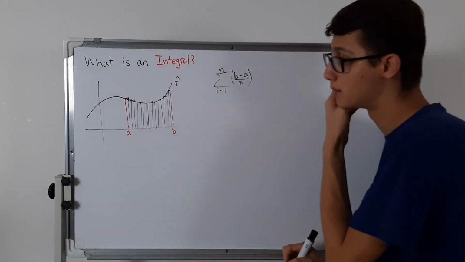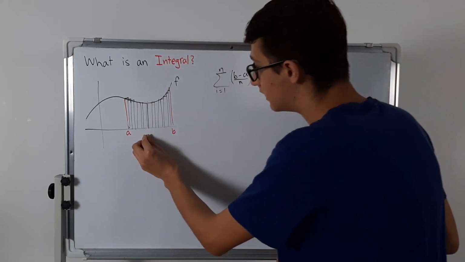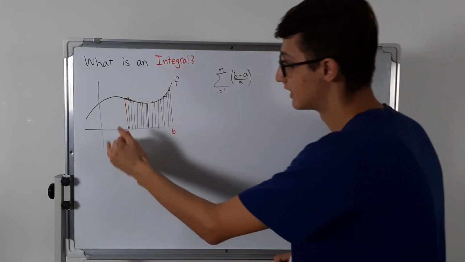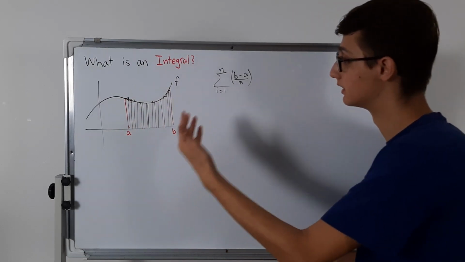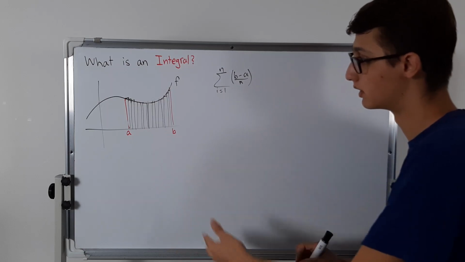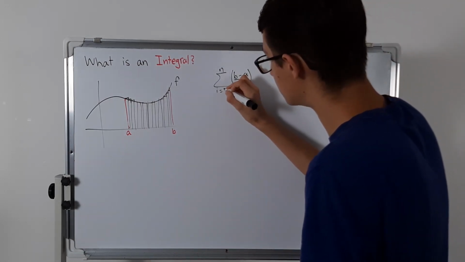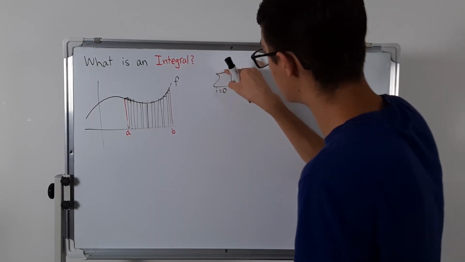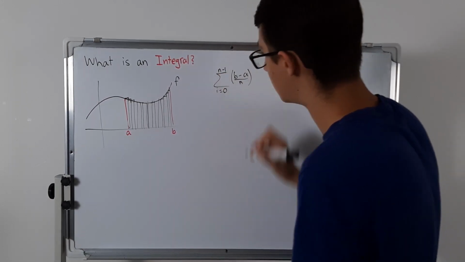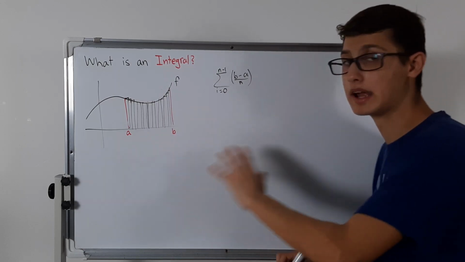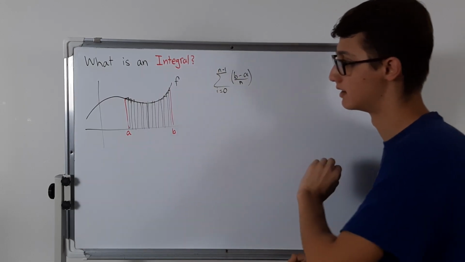And then we're going to multiply it by the height of the function at that, in this case, the left endpoint. And by the way, if we're doing the left endpoint, it should be i equals 0 all the way to n minus 1. Typically, the right endpoint goes from 1 to n, right?